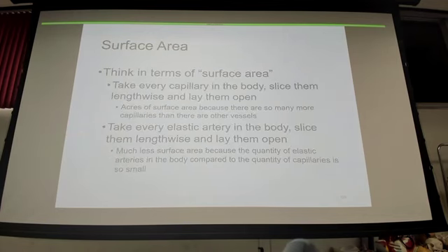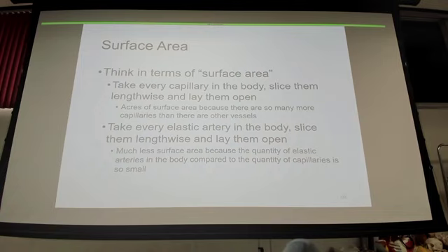So surface area, this is the explanation right there, like I just said. One vena cava, or you have two, superior and inferior, open them up. Compare that to all of the venules in the body. One aorta, open it up, lay it on its side. It'll be about like that. Then all of the capillaries in the body. I told you it wasn't really important to know how many hundred million or billion capillaries you have, but now does it make sense why that area spread out together is significantly larger?